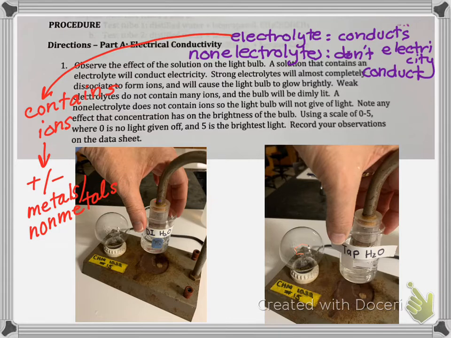And so what we're looking for is if a solution will conduct electricity. And we use an electrical conductance apparatus, which you can see in the photograph. Now it looks kind of archaic or very, very old, and it is, and so that's one of the reasons that I do this as a demonstration.